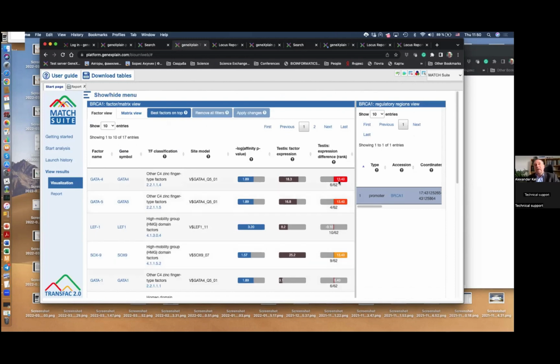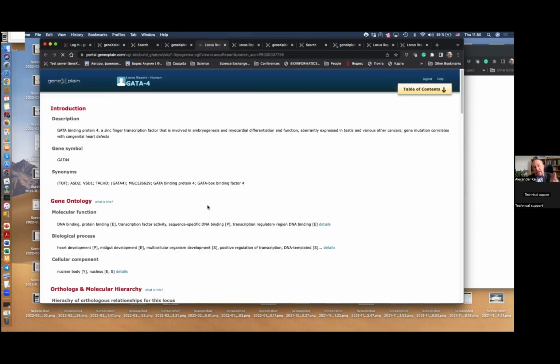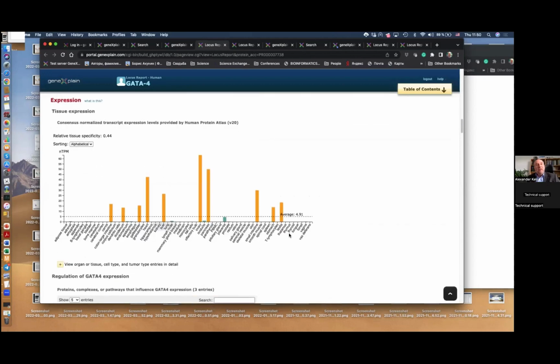And the color here tells you whether this gene is tissue specific in principle. So red means that GATA4 is very highly tissue specific, and if you click on it, you see that actually it's not testis where this gene is mostly expressed. You see the testis for this GATA4 is here. It's quite specific in testis, but not as specific as in ovary.